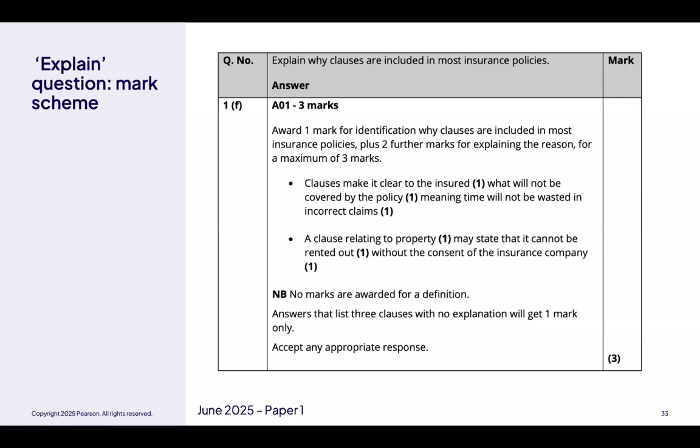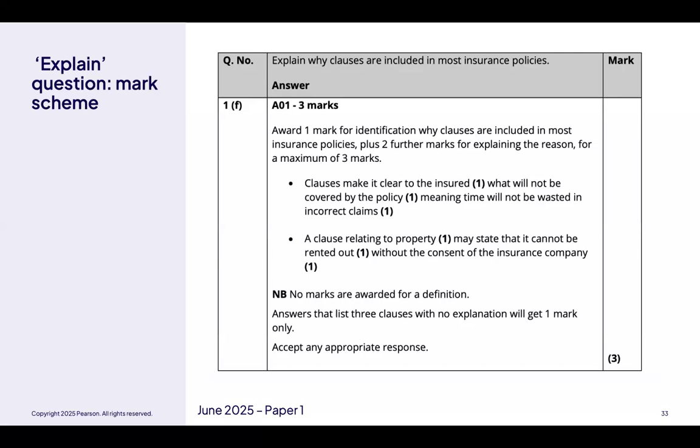Explain why clauses are included in most insurance policies. So we're thinking about risk, aren't we? And risk from commercial activity and where insurance fits into that. Okay, now can I go through this mark scheme with you quite closely? So there's the question.